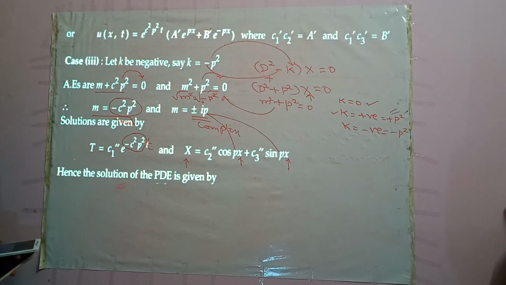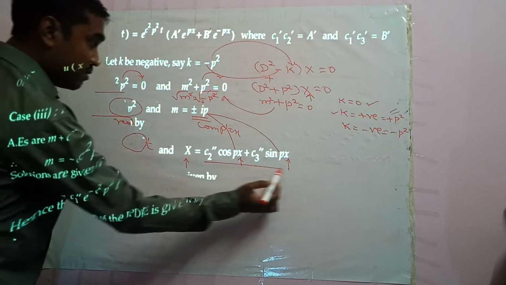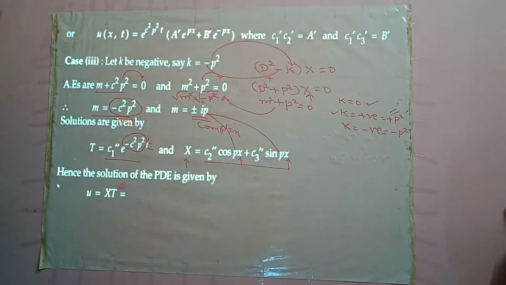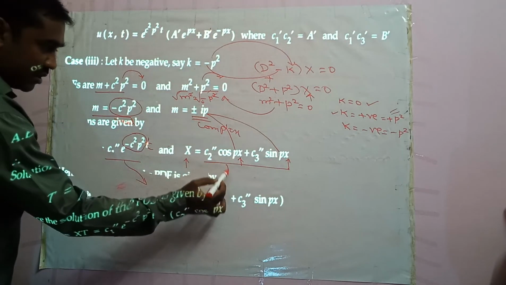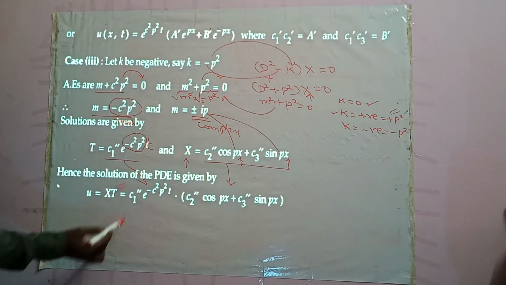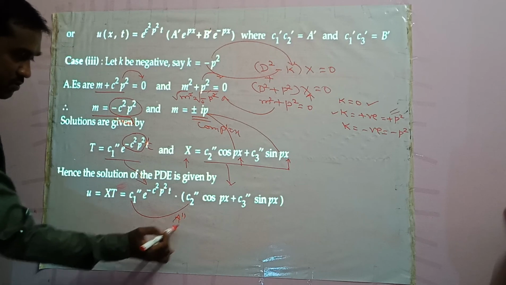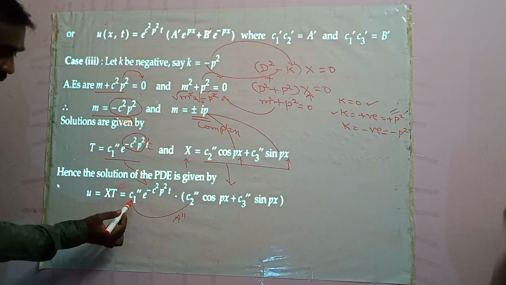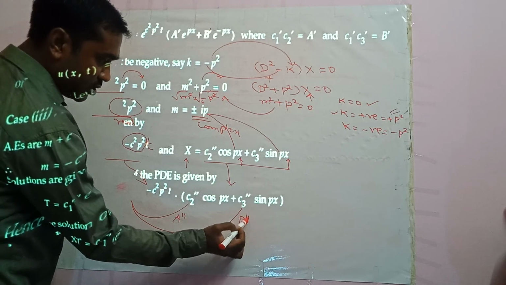And the solution of the PD is u is equal to x into t. X is this, t is this. I have written the value of t first, then the value of x. As usual, we multiply this here and call this as a double dash, and we multiply this c1 double dash with this and we call this as b double dash.